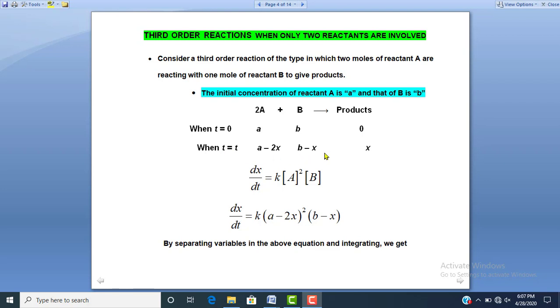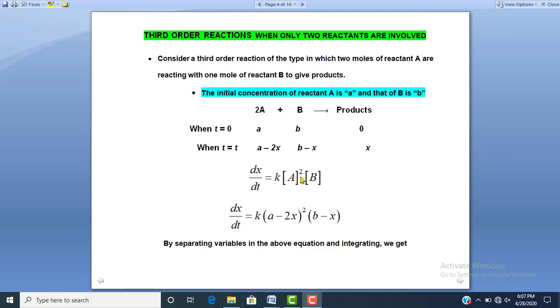Dear students, if we apply the rate law to this reaction, then according to the rate law, dx over dt, which means change in concentration of x with respect to change in time, the rate of reaction dx over dt will be equal to rate constant k into a square into b.